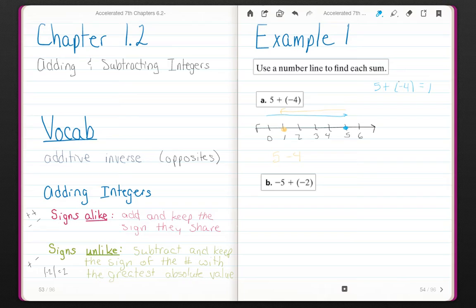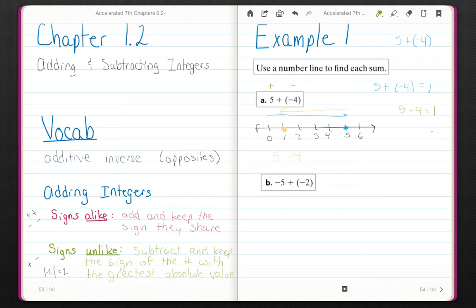Now these parentheses are here only to differentiate between the plus sign and the negative sign. If they weren't there, you would have 5 plus -4, and that gets confusing. So we use the parentheses just to separate the negative from the positive. Now, using the rules that we talked about just a moment ago, these signs are unlike. I have a positive and I have a negative. So, according to the signs unlike rule, I would subtract. 5 minus 4 equals 1.